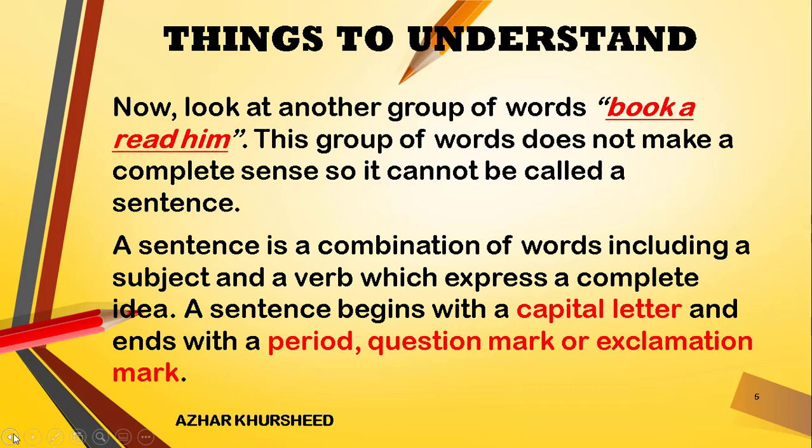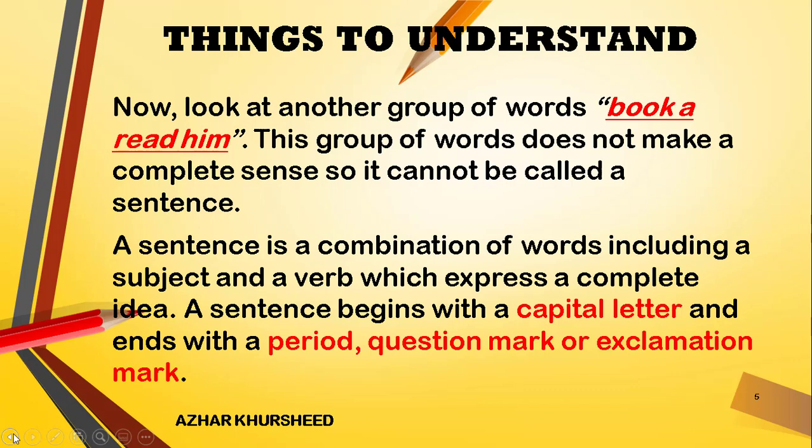So book is a word, and a is a single-letter word because it has a meaning. So all these four, book, a, read, and him, have meaning, so they are words. So "book a read him" is actually a combination of words. This group of words does not make complete sense, so it cannot be called a sentence. It's just a phrase or a combination of words.